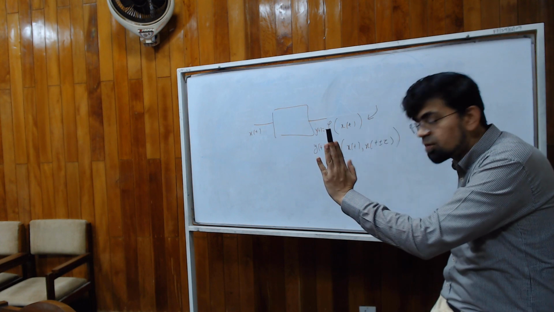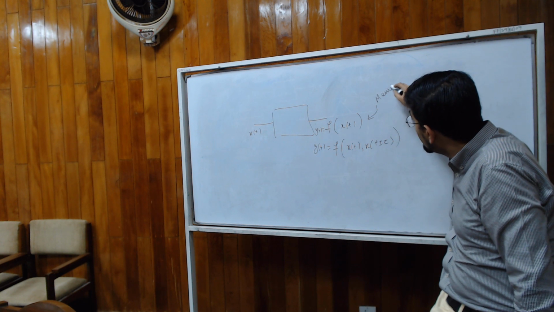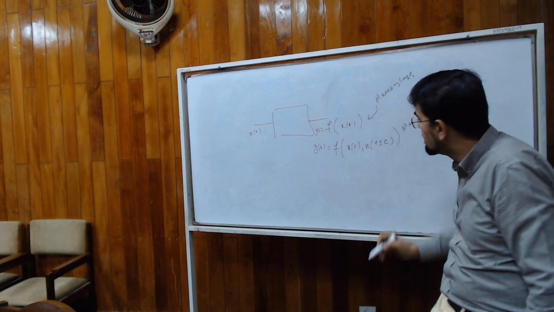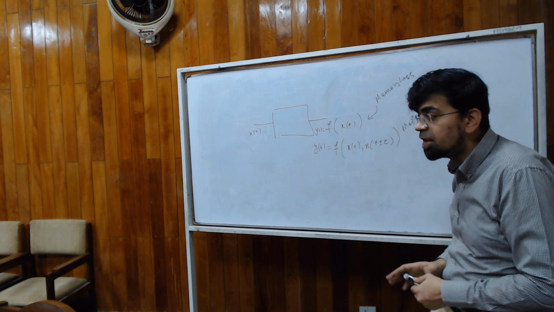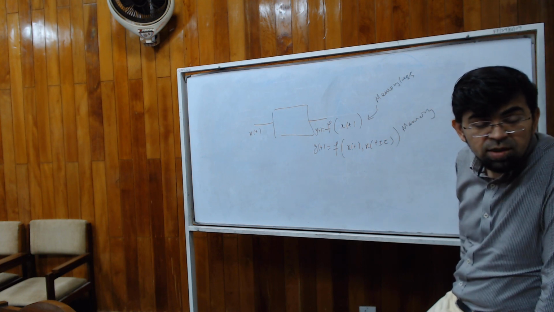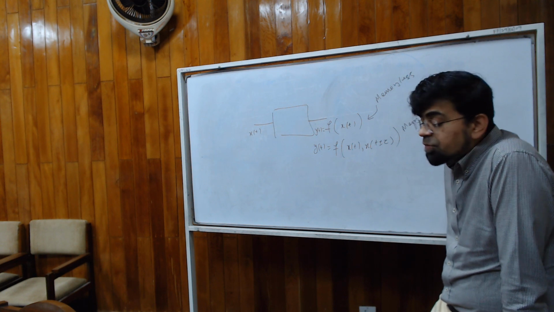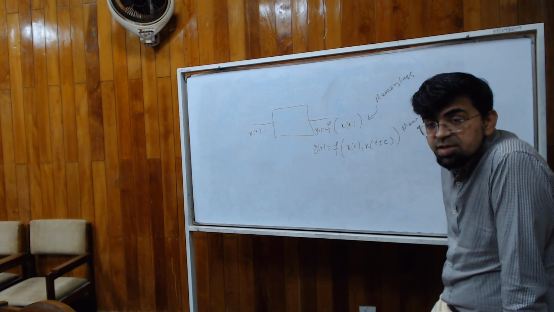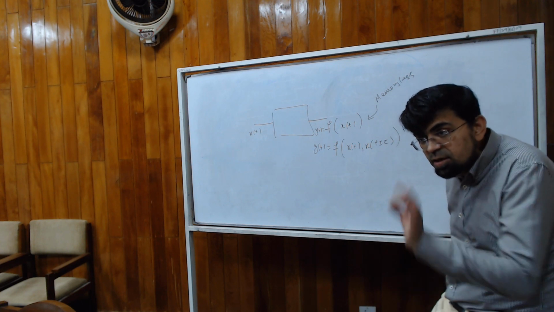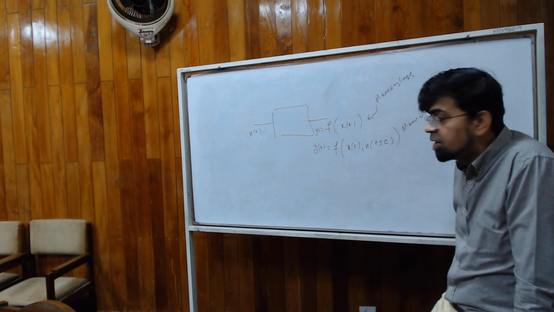It just cares about the current value, right? So we call these memoryless systems, and the others memory systems. A memoryless system is one which depends only on the current value of the input. We also call it an instantaneous system. Another name, same thing. Instantaneous, because it bothers only about the current instant. It has no concern for anything before or after.